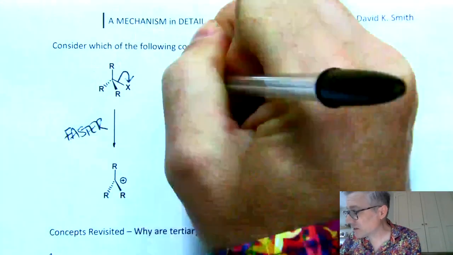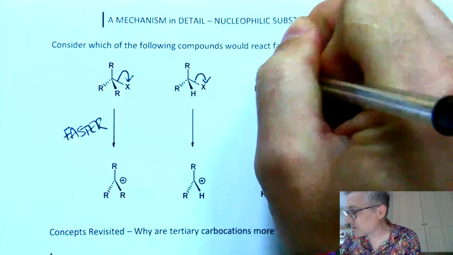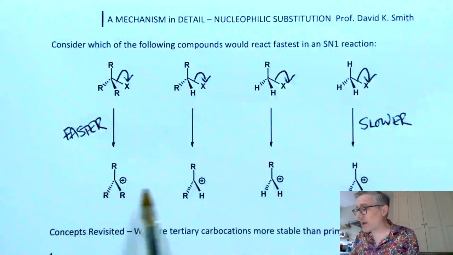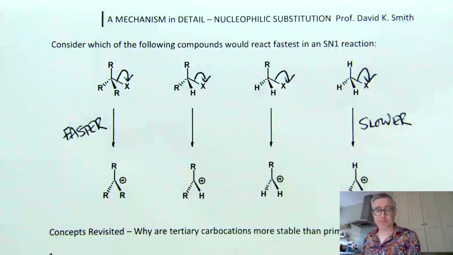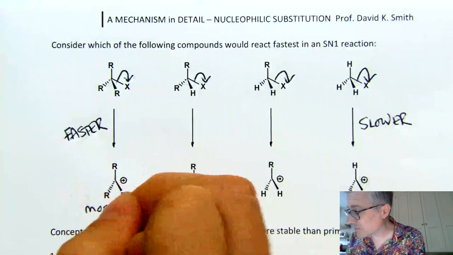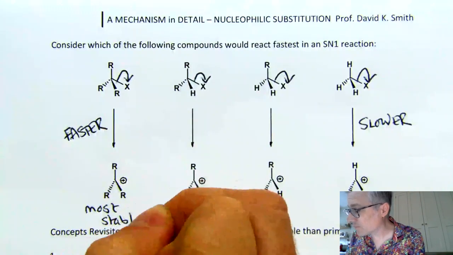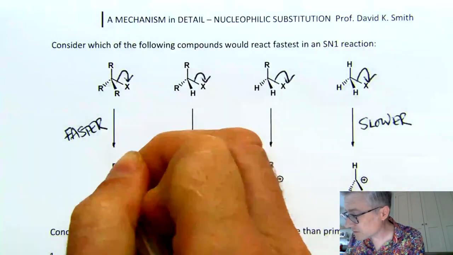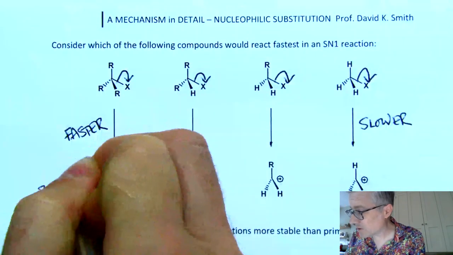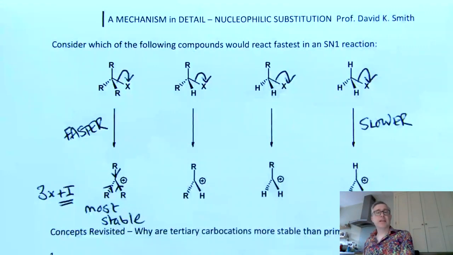In each case, we're talking about the X group falling off to generate carbocations. This carbocation is the most stable because it has 3 plus I inductive effects. Those alkyl groups are pushing electron density towards the carbocation, stabilizing it.